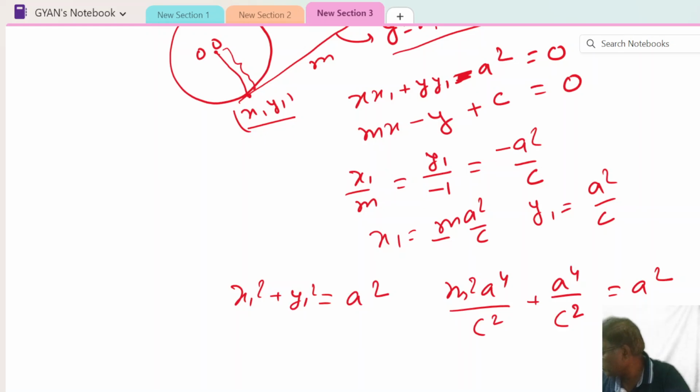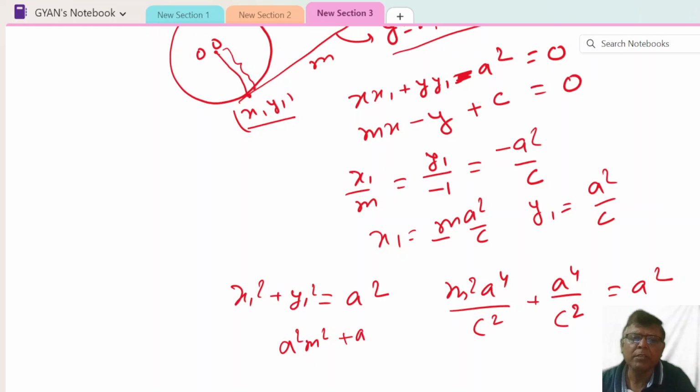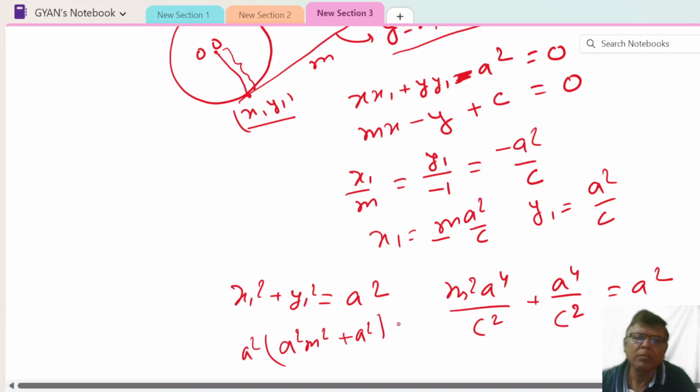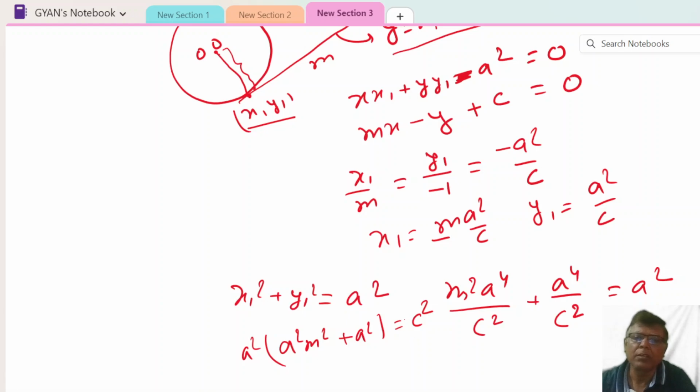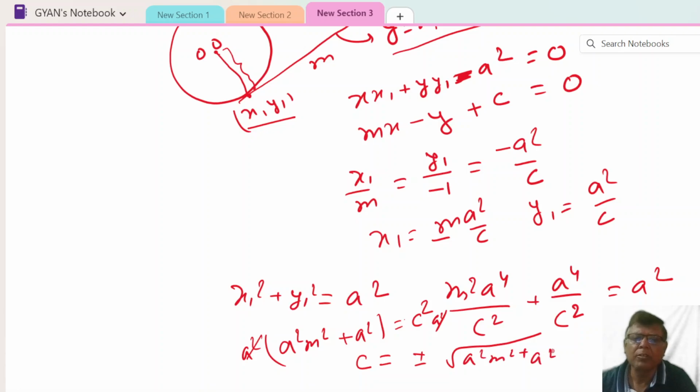So that means a square m square plus a square, because a square we have taken common, is equal to c square. So a square got cancelled. So c is equal to plus minus root over a square m square plus a square. So this is the tangency condition.